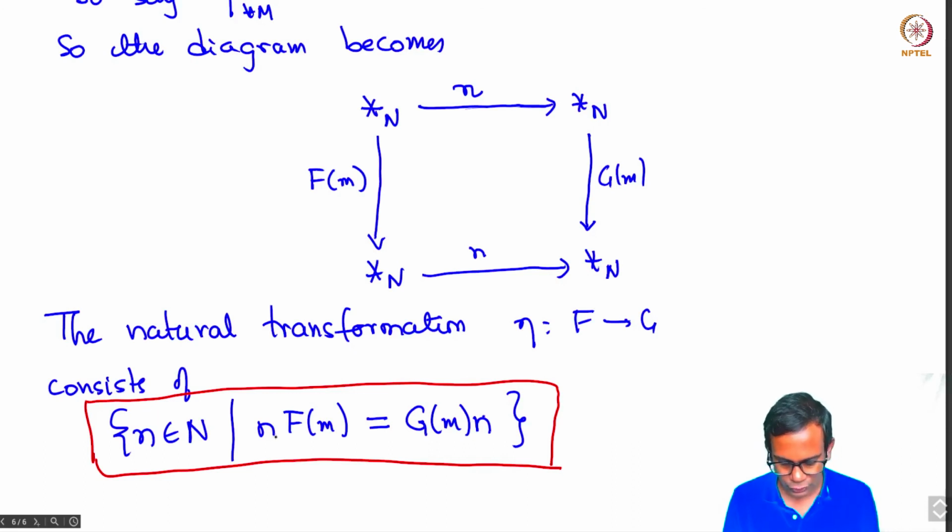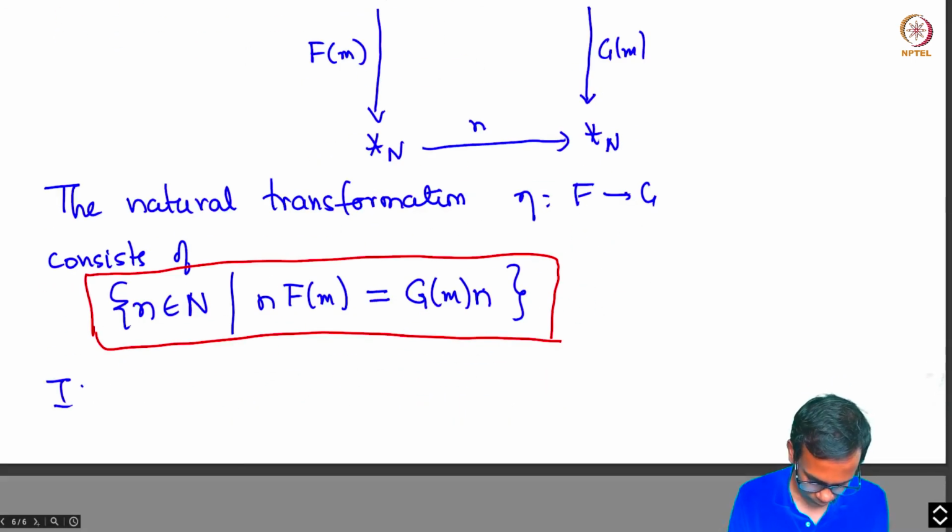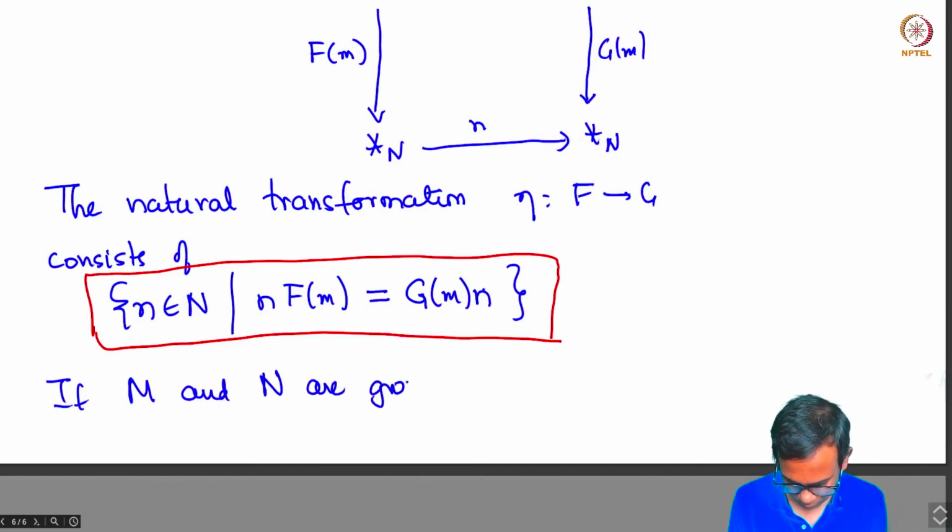Not all these natural transformations are going to be isomorphisms. The natural transformation n is going to be an isomorphism if and only if n is invertible in the monoid N. And if you take the special case where M and N are groups, this can be rewritten rather nicely.